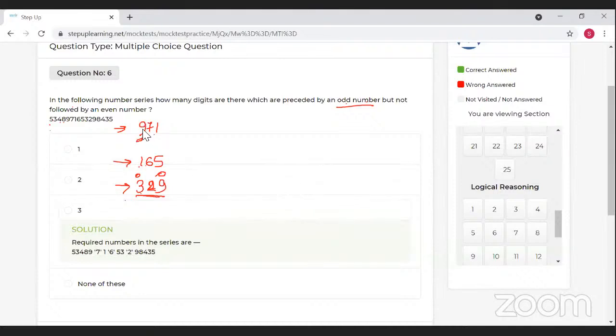So like 9 is preceded by 7. All right, Jui. 7 is preceded by 9 followed by 1. So preceded by an odd number, it means that if you take any number, it has to be odd number, preceded by odd number and not followed by an even number. It means that should follow odd number only.